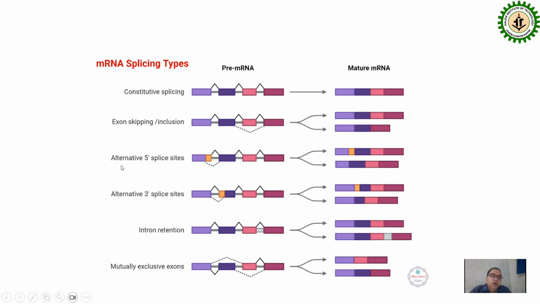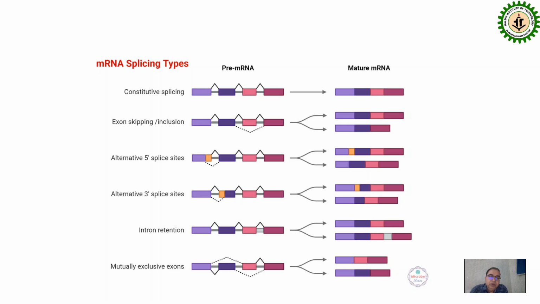Then we have alternative 5' splice sites or alternative 3' splice sites. This also results in different types of proteins. Then intron retention. What is intron retention? Normally introns are removed because they are non-coding parts.